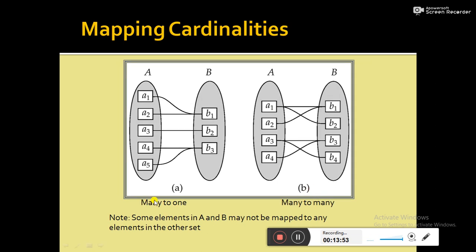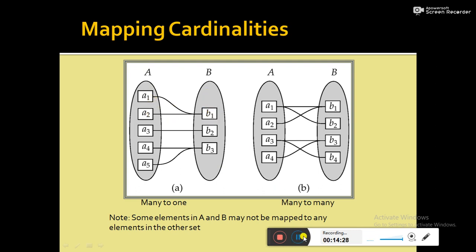Next, consider many-to-one. Many-to-one means an entity in A is associated with at most one entity in B, and an entity in B, however, can be associated with any number of entities in A. Any number means again it may be 0, it may be more. Multiple entities from entity set A can be associated with at most one entity in B. So that is why it is many-to-one.